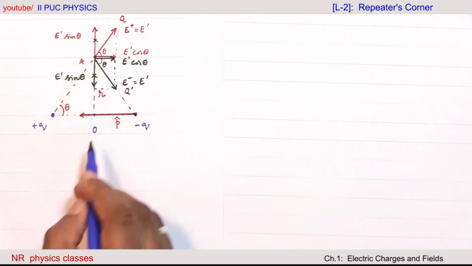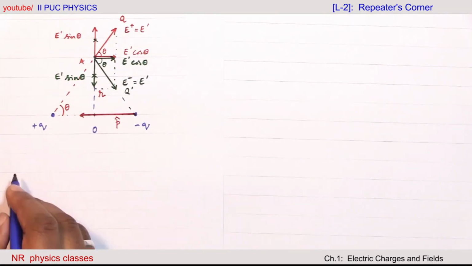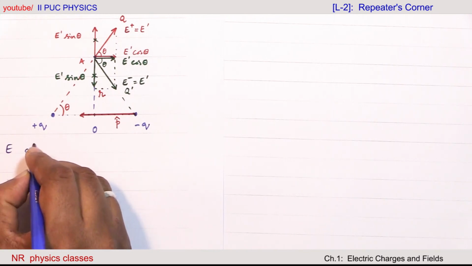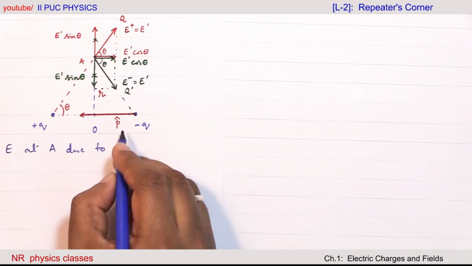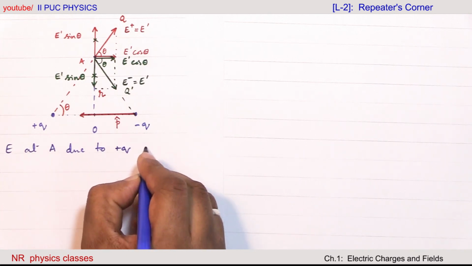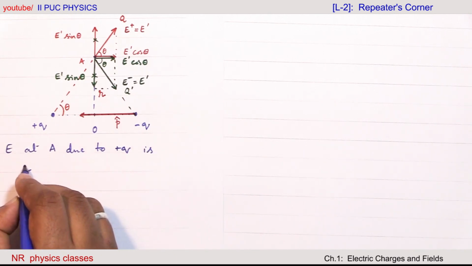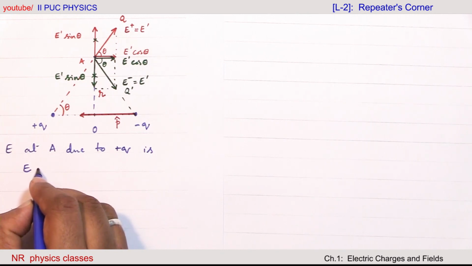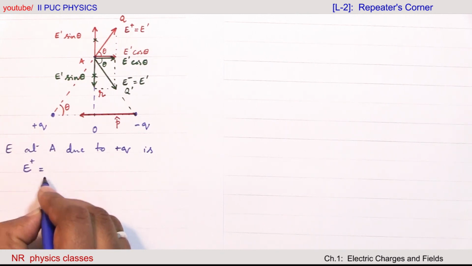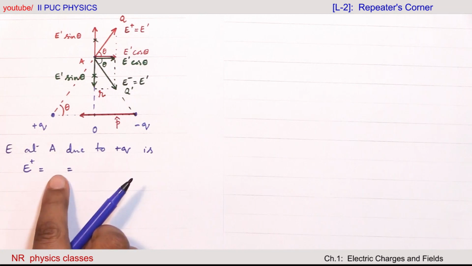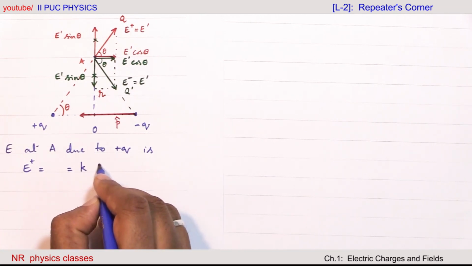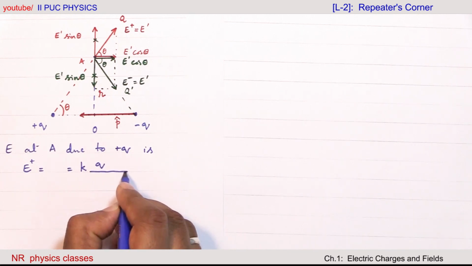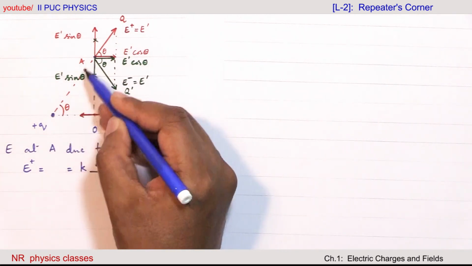Whatever I have explained here, let me write. Electric field at A due to plus Q, electric field due to positive charge, equal to constant times charge Q by distance between plus Q and A squared.